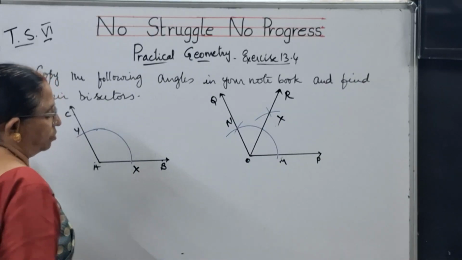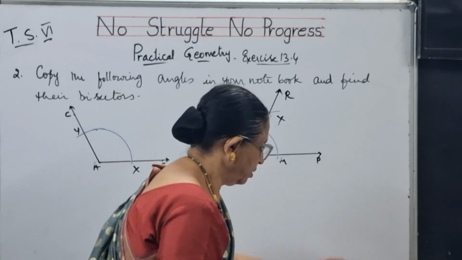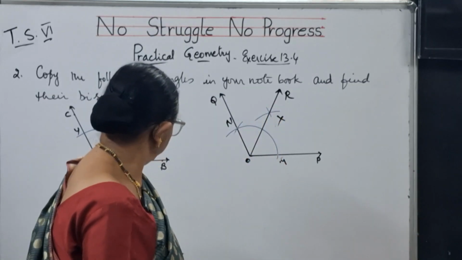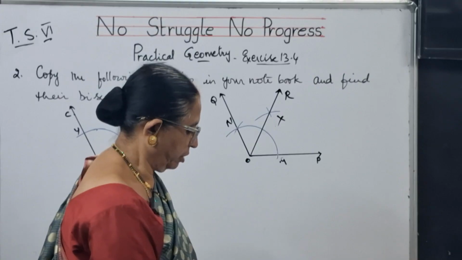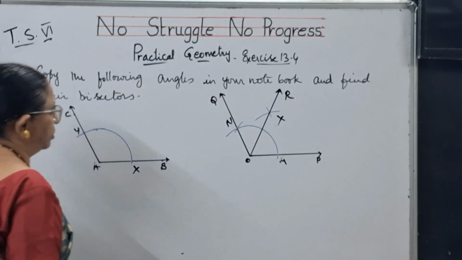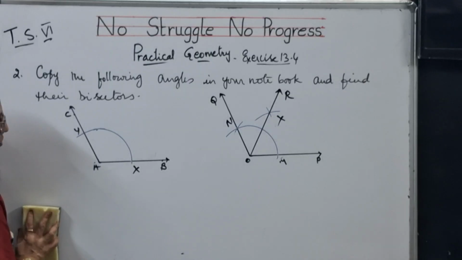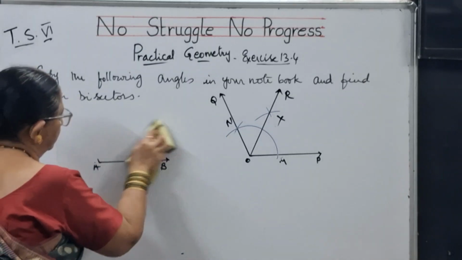This is how you need to do the bisector for this. And you have one more construction, children. Please note it down. I hope I am clear and you have followed me. In that way you have to do this construction.